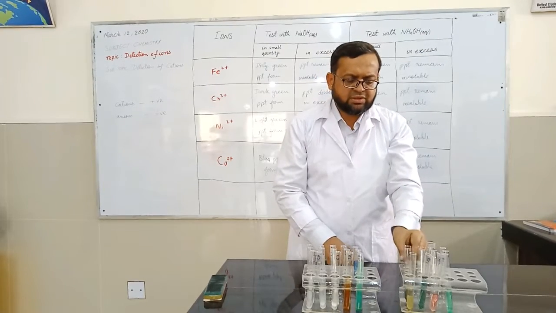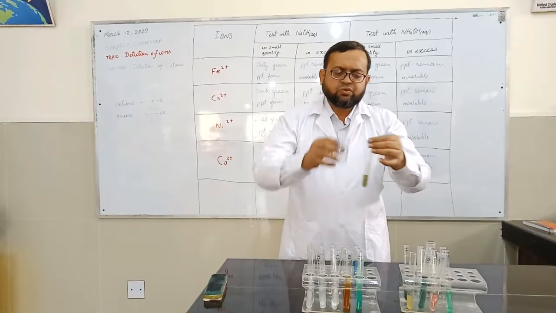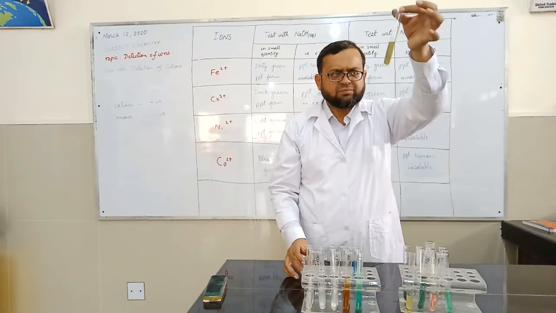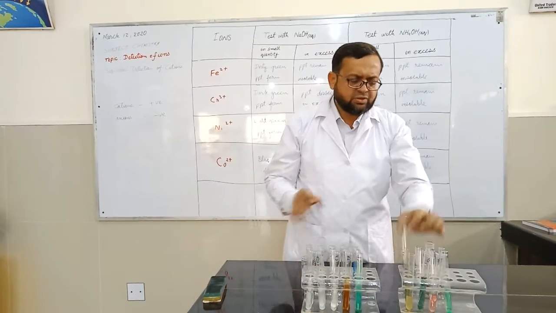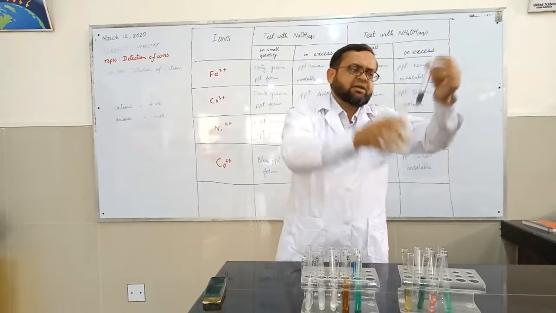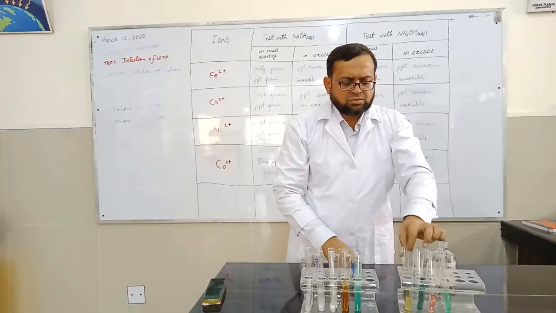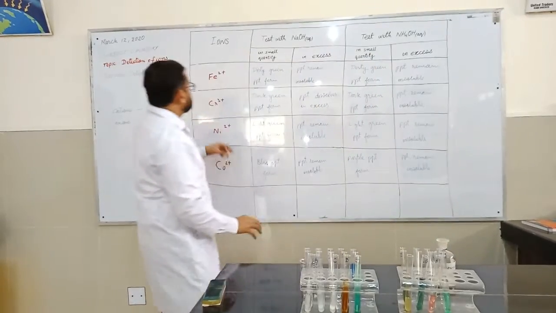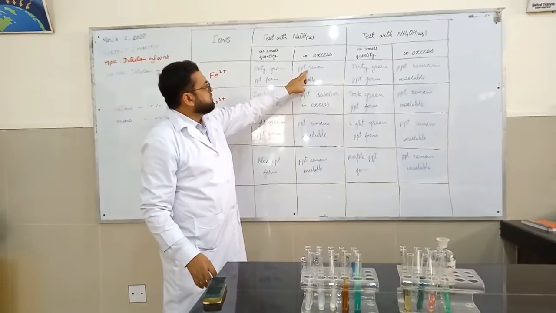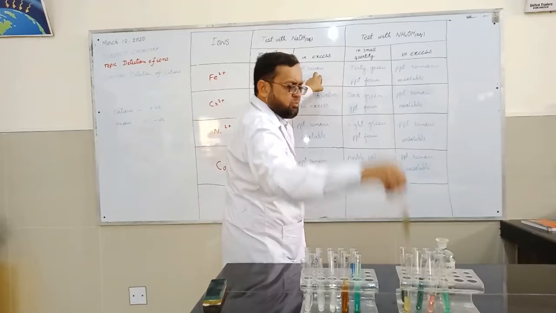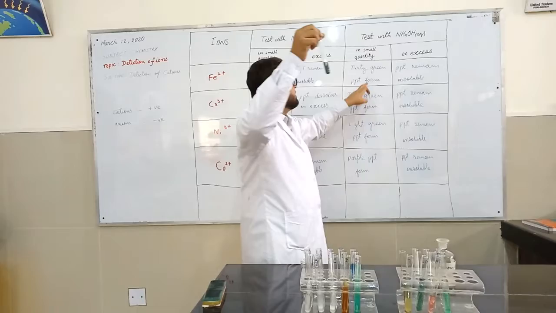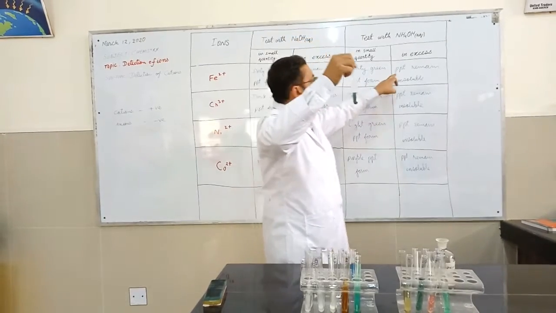In both cases, even in excess, the precipitate remains insoluble. So observe the result: iron 2 ion gives dirty green precipitate with sodium hydroxide, and it remains insoluble in excess, and with ammonium hydroxide in a small quantity it gives dirty green precipitate again, which remains insoluble.